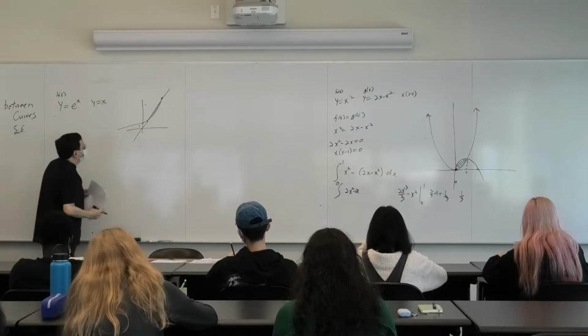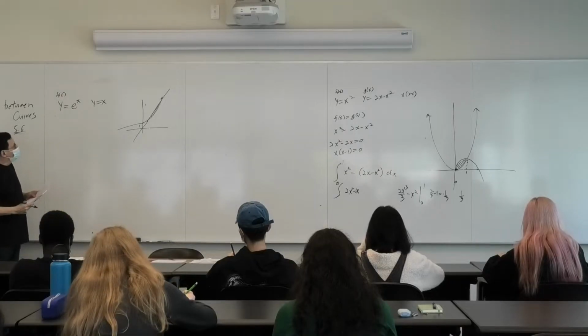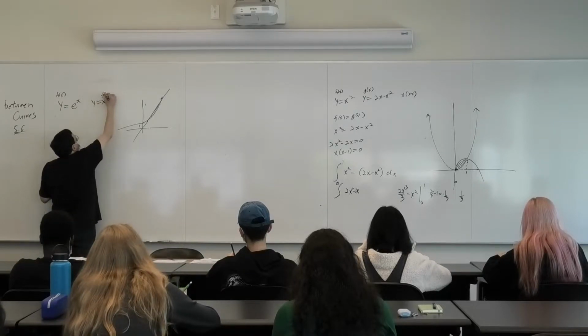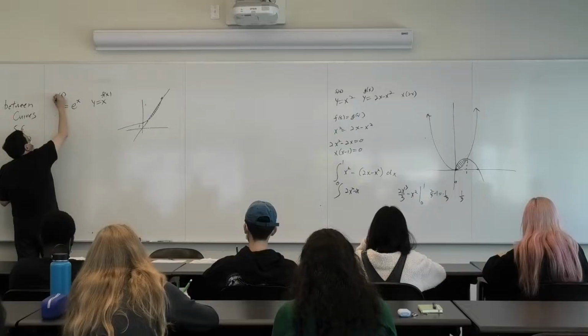We have a little piece of area here we want to find between the two. I guess you can see this should be f of x, right? This should be my g of x.